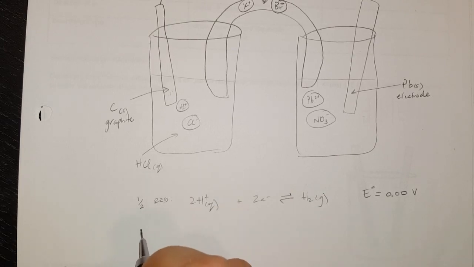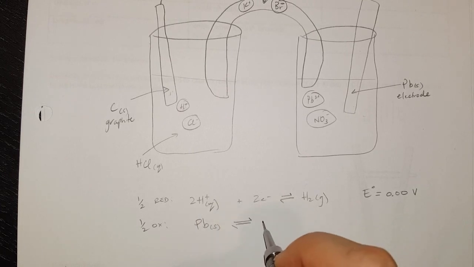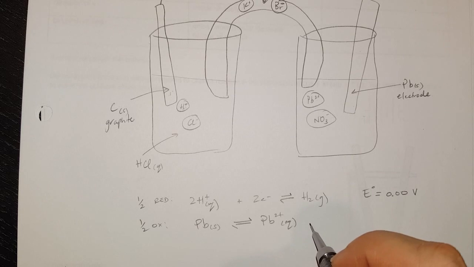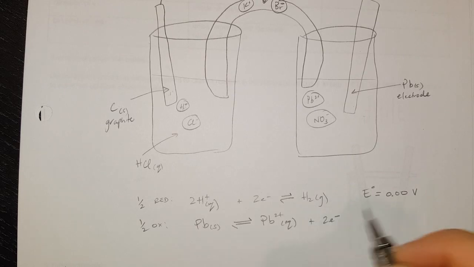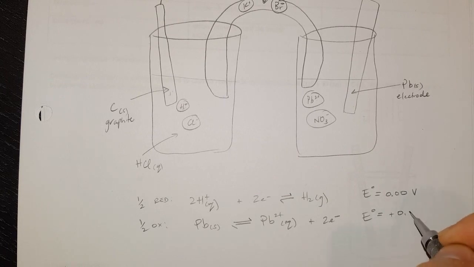Now I'm going to do my half oxidation reaction. And that is lead solid giving up 2 electrons to become lead 2 positive. I'm going to write my E0 value there. If you look it up on your sheet, it says negative 0.13, but that's for the reduction. So we have to flip it and say positive 0.13. And so we're going to add these 2 reactions.